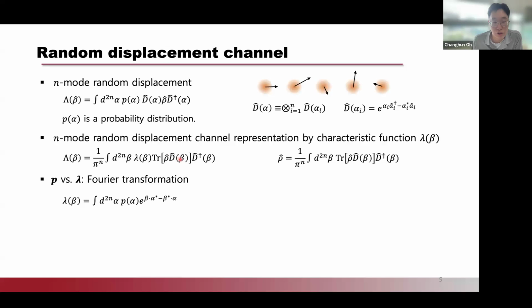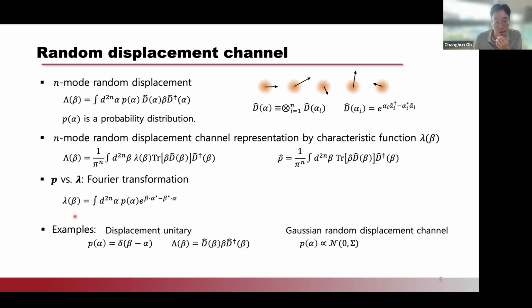I'm not going to go into the details of this, but by plugging a well-known formula in bosonic systems into the channel description, you can easily prove that they are equivalent. Having a probability distribution is equivalent to having its Fourier transformation, so we can fully characterize the channel using this characteristic function lambda(beta).